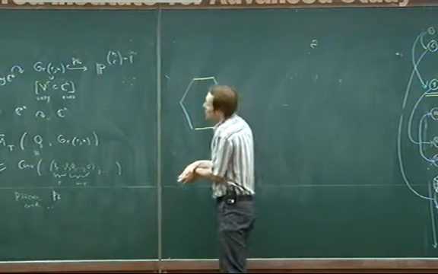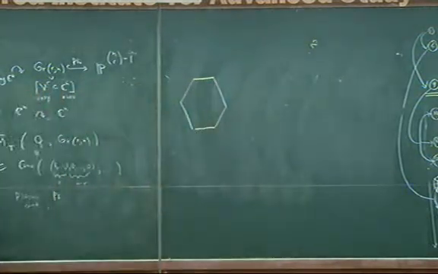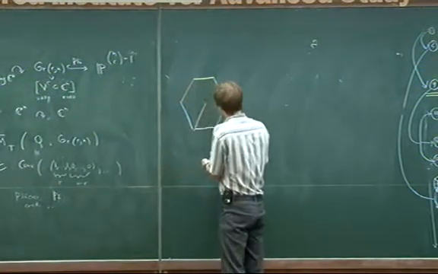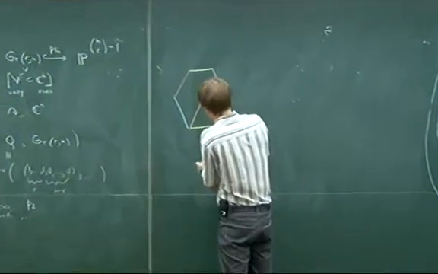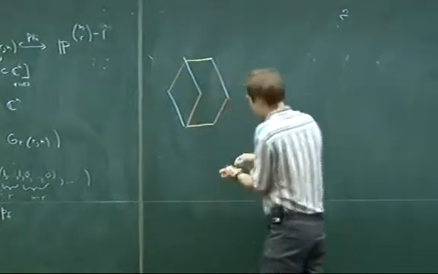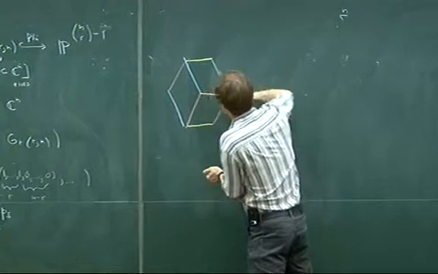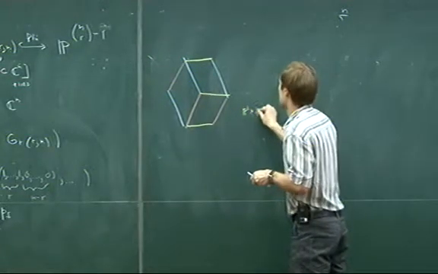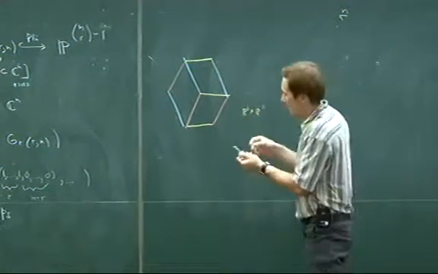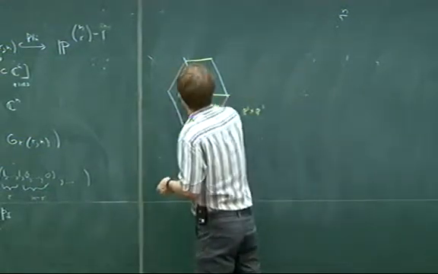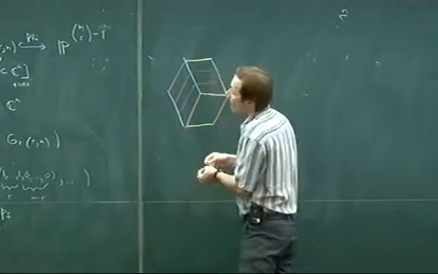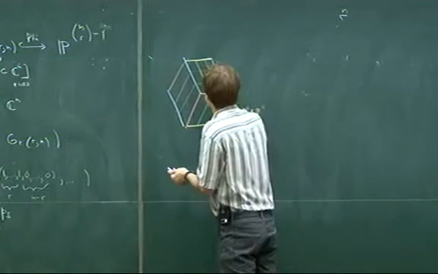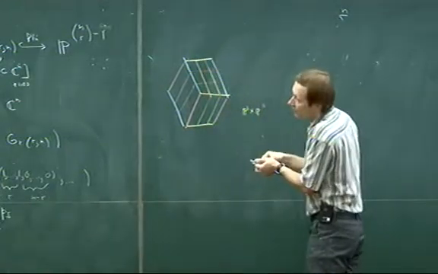In this degeneration, this is a blow up of P2 at 3 points, and it splits into three surfaces like this, which are P1 cross P1, each of them, and those lines split like this.